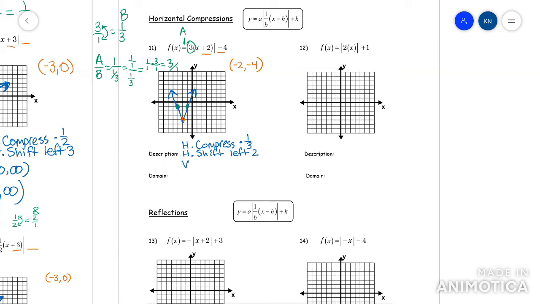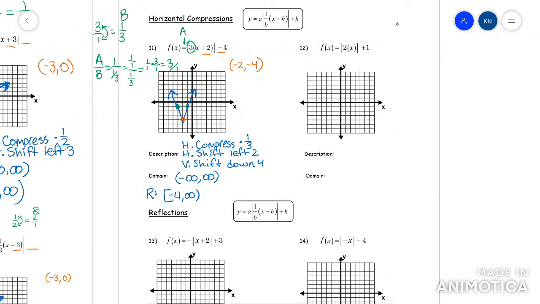And you also had a vertical shift, down 4. The domain was all reals. And I don't know why range isn't here. We'll go ahead and answer it. The range of this is everything from -4 to positive infinity.